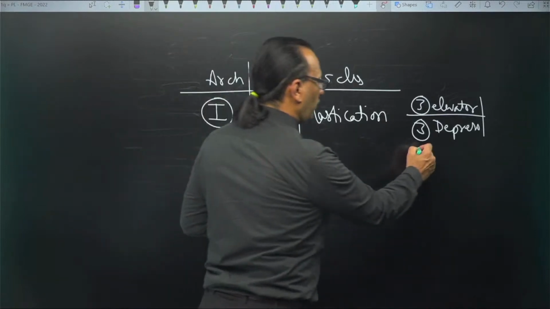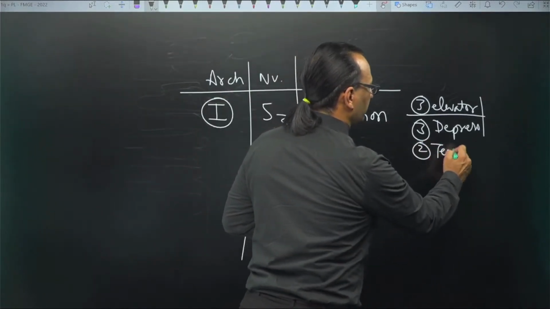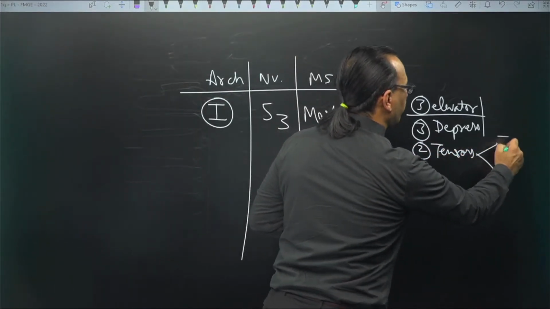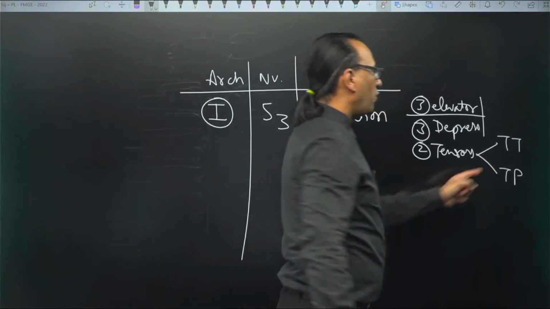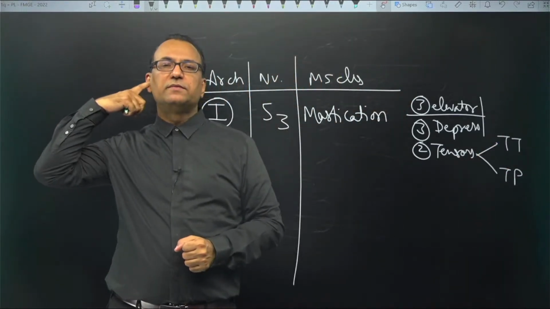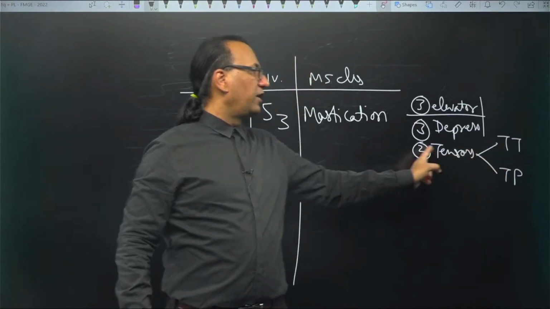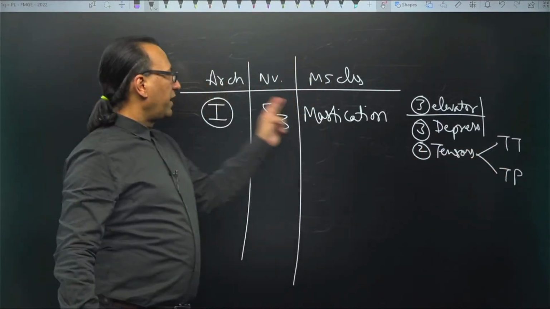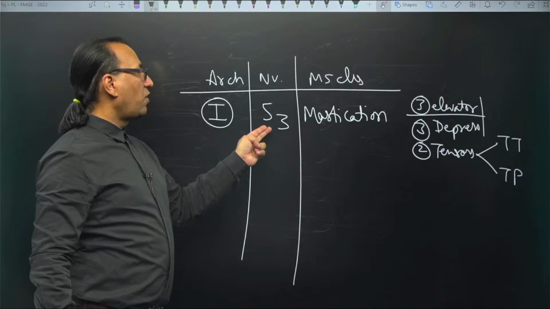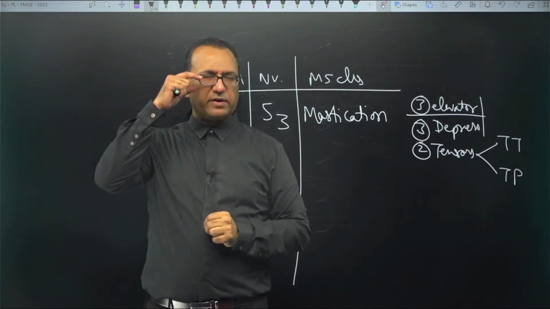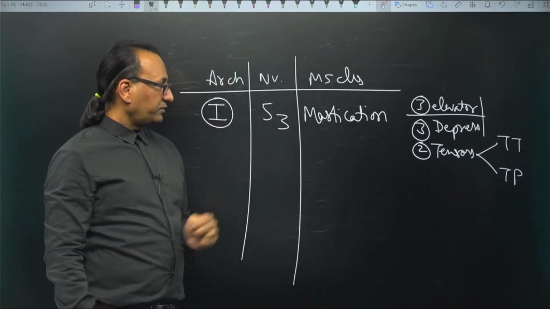And you can call them tensors. They are 2 tensors. Their names will be tensor tympani and tensor palati, as they are going to tense the tympanic membrane and they are going to tense the palate. So tensor palati and tensor tympani will also be supplied by the mandibular nerve branch of trigeminal, though they are not the muscles of mastication, but they develop in the first pharyngeal arch.